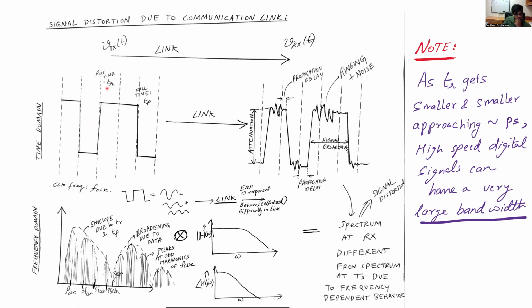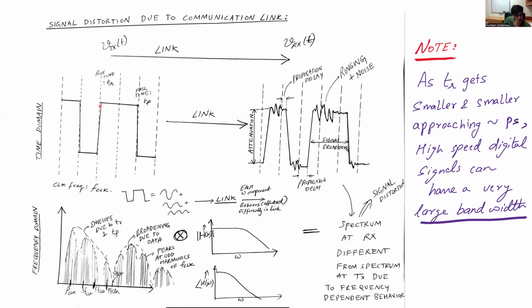Now, if you look more closely at this signal transmission, Vtx of t, which is the transmitted signal, is plotted here in the time domain. You can see that the signal is a bunch of ones and zeros, as we discussed, and it also has a certain rise time and fall time. The rise time is a representation of the slope.